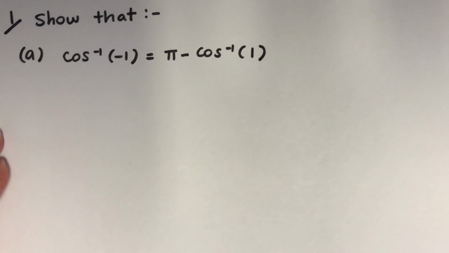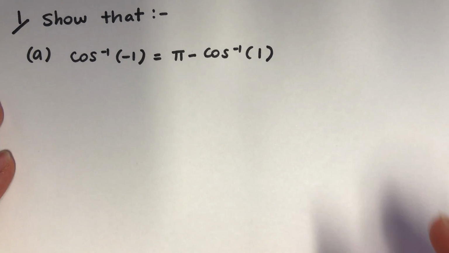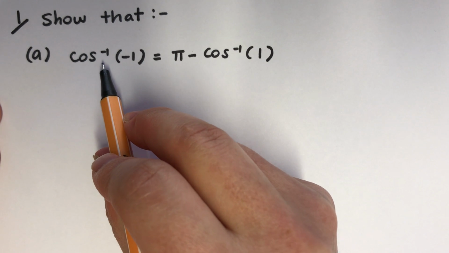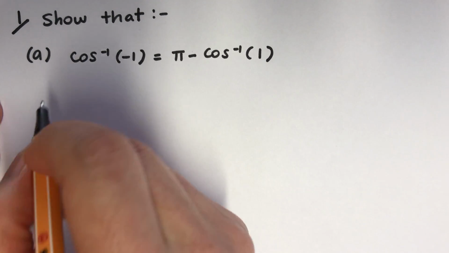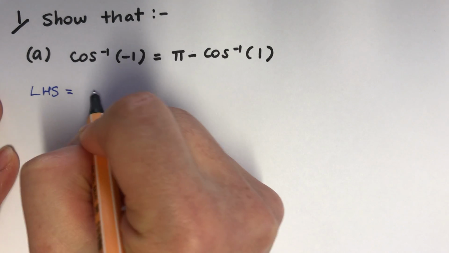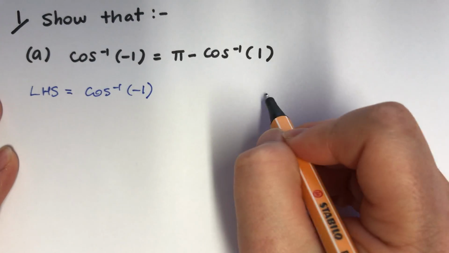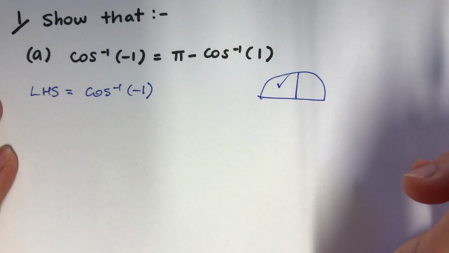Now I'm going to actually do some proving here. Okay, so let's hope we can do some proving smoothly. Show inverse cos minus 1 equals pi minus inverse cos 1. So I'm going to go with the left hand side. So inverse cos minus 1, it's negative.